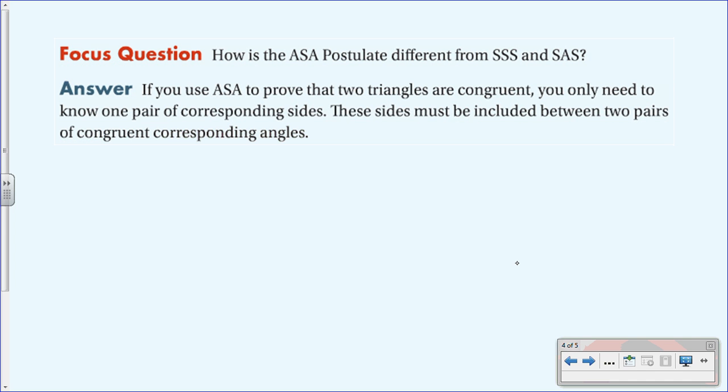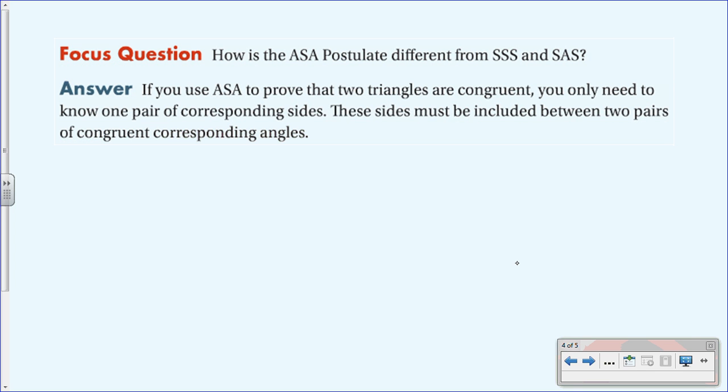These sides must be included between two pairs of congruent corresponding angles. So this is different from side side side or side angle side because you only need one pair of sides. Not only that, you need two pairs of angles.